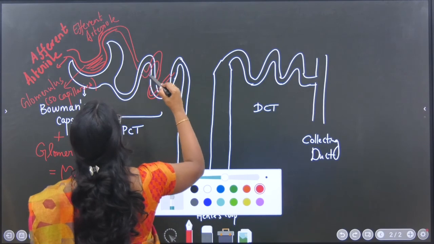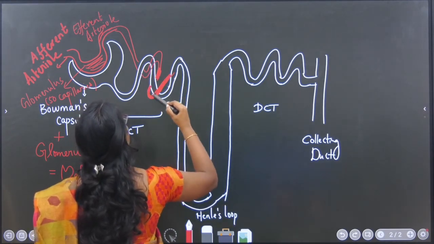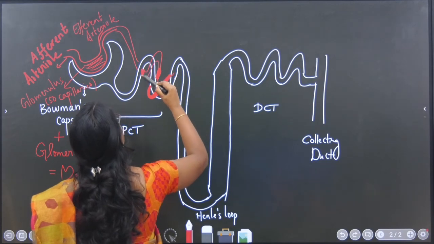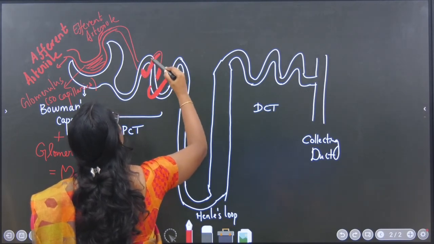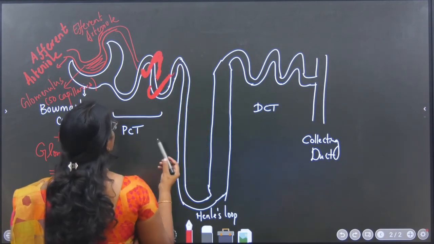So the blood vessel which is coming, this is surrounding what?